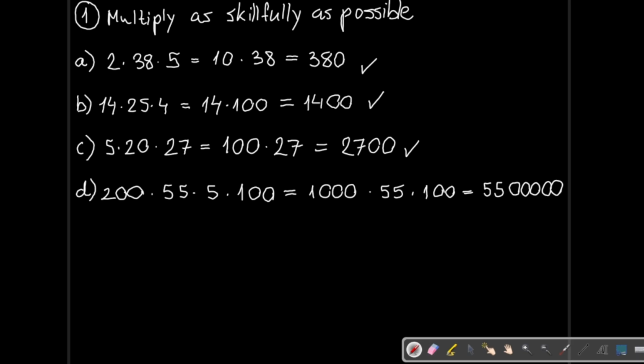So that's 5,500,000. Since we multiplied 55 by 100, that's 2 extra zeros, and then 3 extra zeros from the number 1000. I will just underline the answers to make it a little bit more clear.